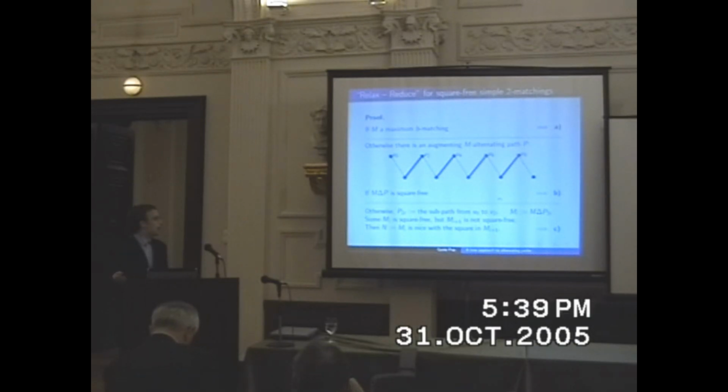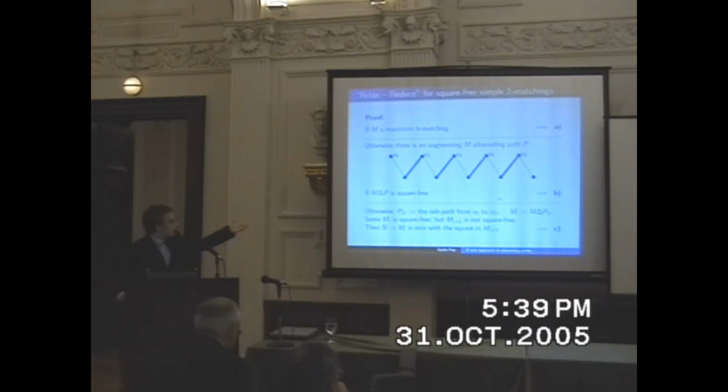Say M_i is square-free, but in M_{i+1} it is not; by M_i, I mean the symmetric difference with the 2i long starting segment of the path.